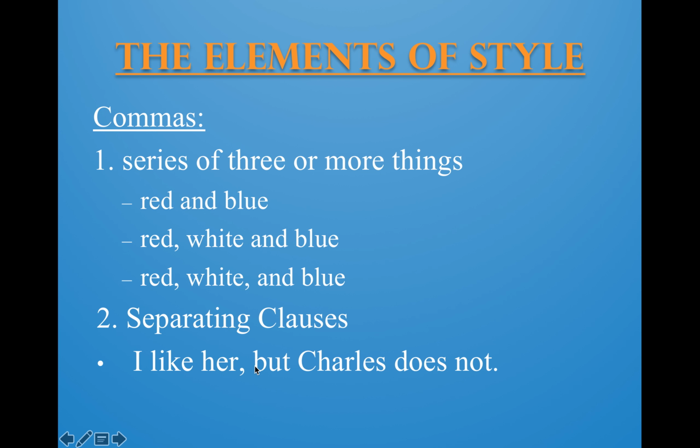Whenever we have, this is called a conjunction because it joins two clauses together. Whenever we have a conjunction, typically you're always going to put a comma before it. I like her, comma, but Charles does not. So we have this clause. Charles does not could be its own complete sentence because we have a subject and a verb. And so because we're separating two clauses, we want that comma in there.